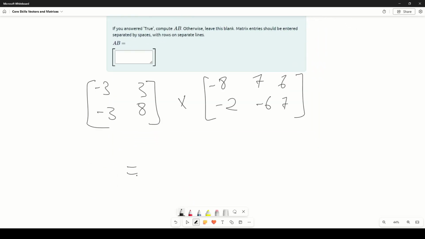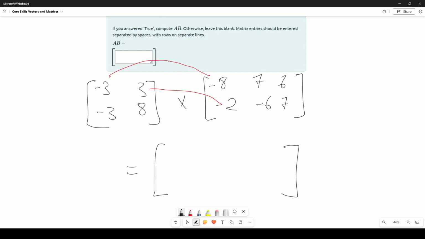What you have to do is you're first going to start at the top left corner of A, and you're going to start at the top left corner of B. Now the first element here is going to be the top left corner of A times the top left corner of B plus the second element in the first row of A times the second element on the second row of B. This is kind of hard to explain, but essentially you're taking the rows from A and multiplying them by the columns on B.